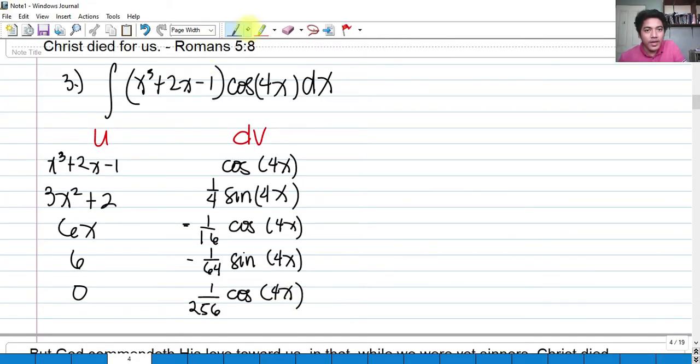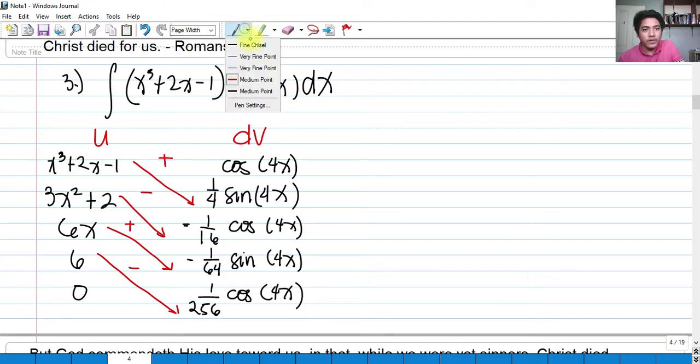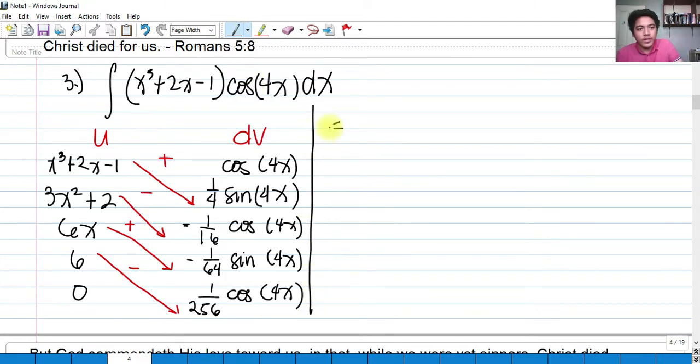Again, applying the sign convention we have here, this is plus, and this is minus, this is plus again, and this is again minus. So, if we're going to rewrite our answer for this problem, it should be, what? We have 1/4 multiplied by x cubed plus 2x minus 1 sine of 4x.